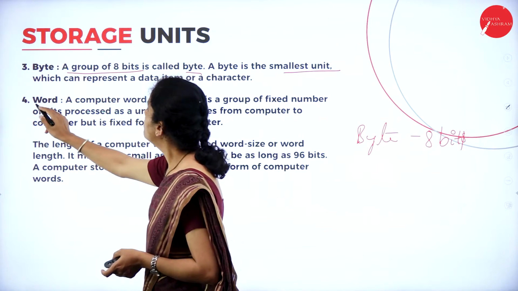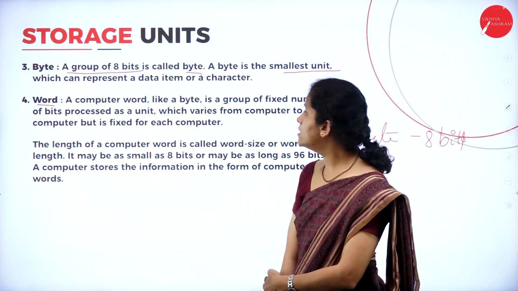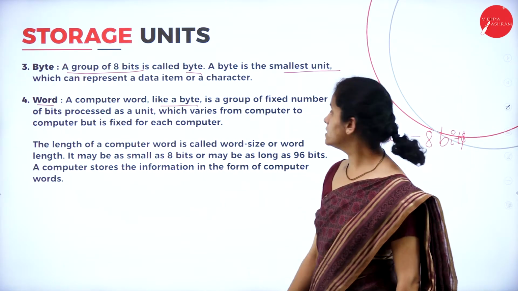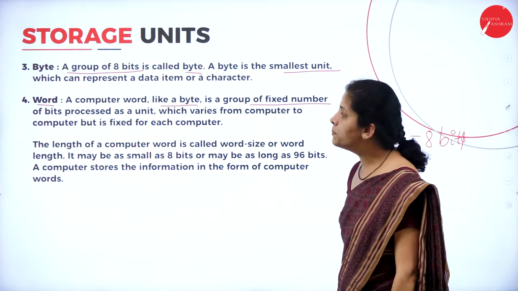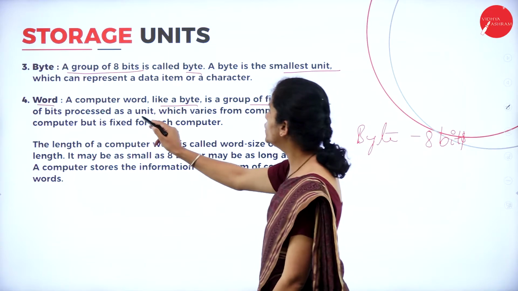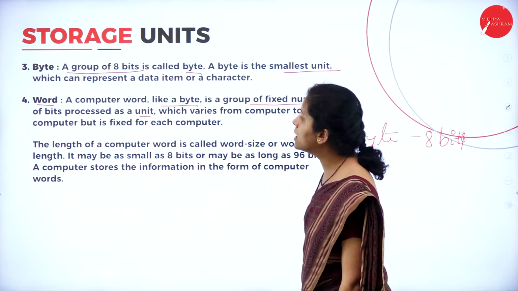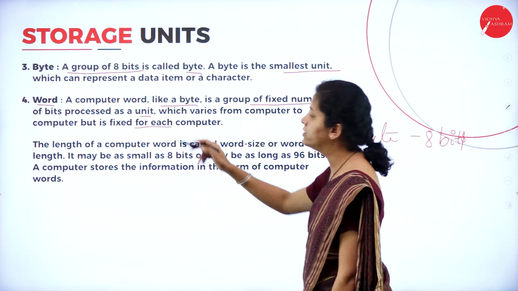So word. So what is a word? In a computer, a word is like a byte. It is a group of a fixed number of bits processed as a unit, which varies from computer to computer, but it is fixed for each computer.